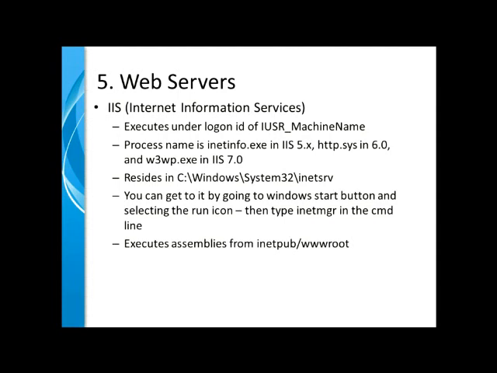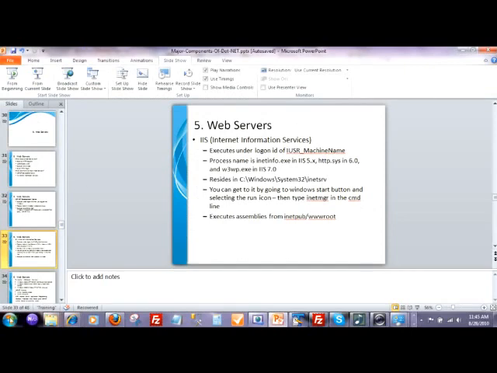You can get to IIS by going to the Windows Start button and selecting the Run icon and typing inetmgr in the command line. And IIS executes assemblies from inetpub wwwroot. I'll show you an example of getting to IIS Manager by using the Start button.